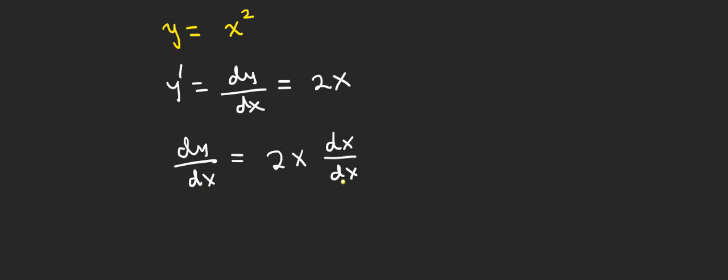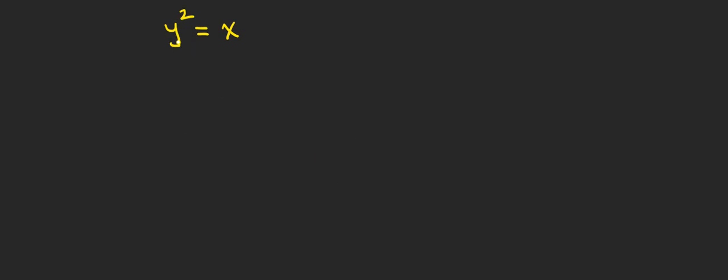Now, what is dx over dx? It's 1. So you just end up getting 2x. That's why we only had 2x. But now, when we do implicit differentiation, you have to think about taking the derivative with respect to x, therefore getting dx over dx.